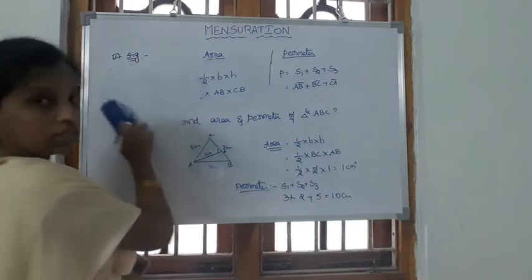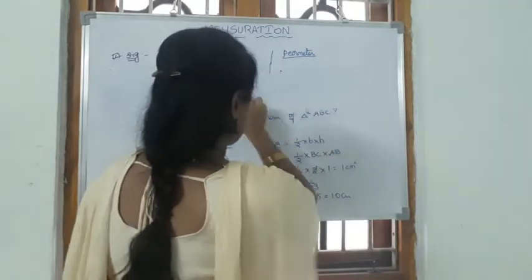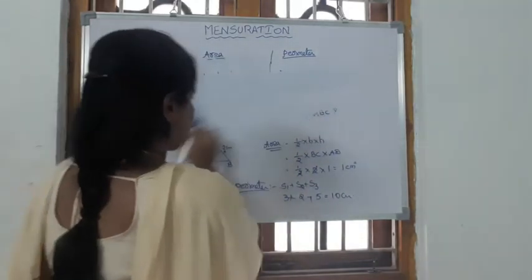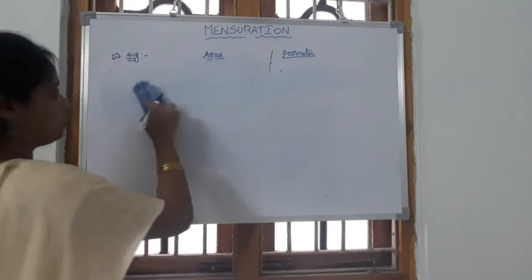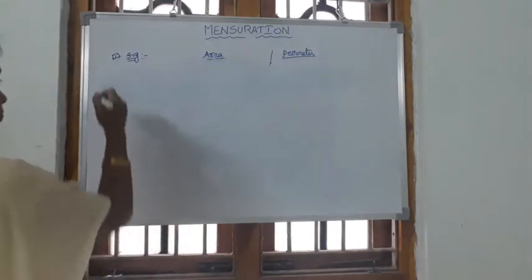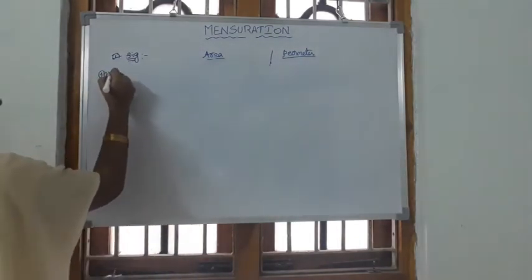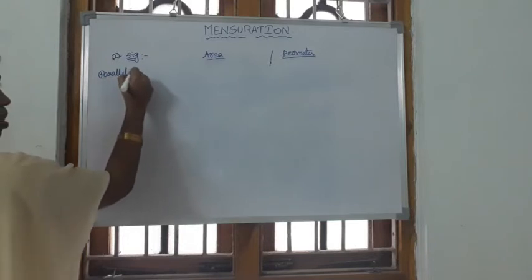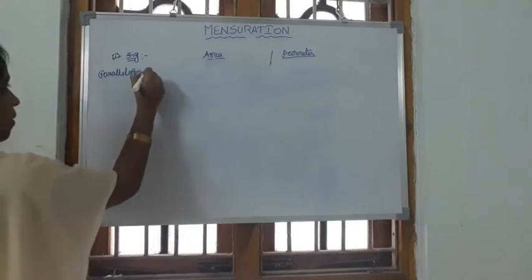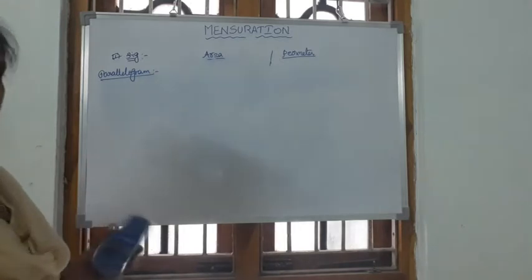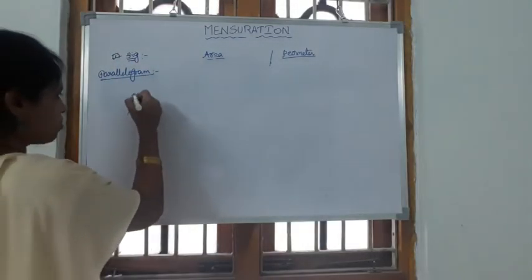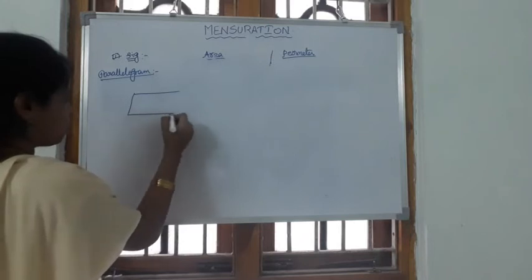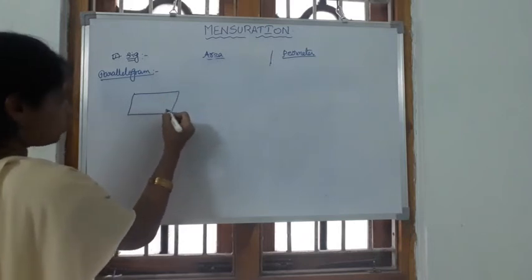Let us discuss the next geometrical figure, that is parallelogram. Parallelogram means both the sides are parallel to each other.